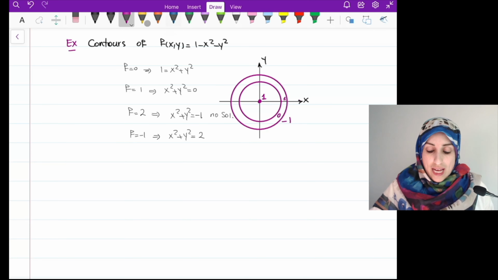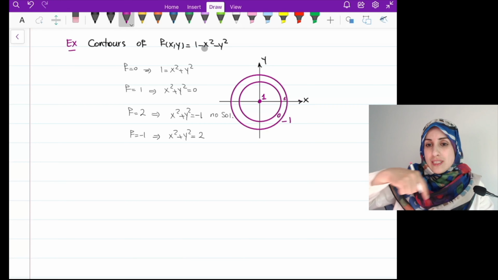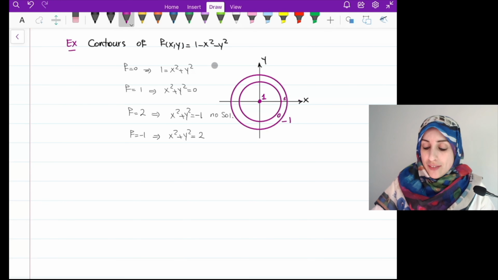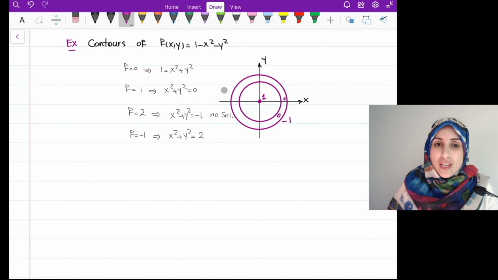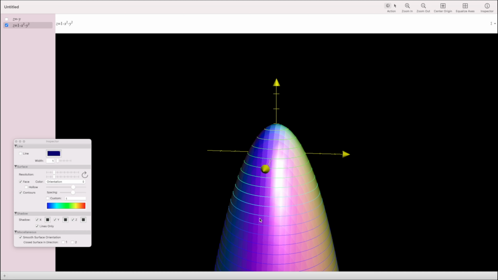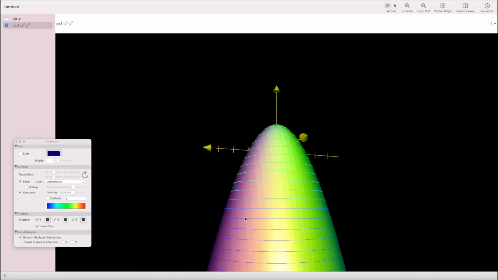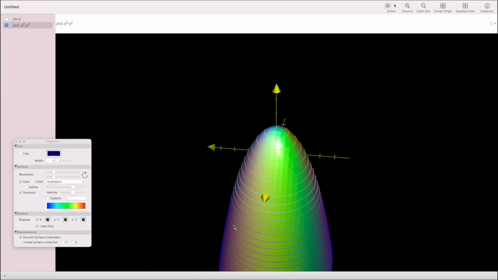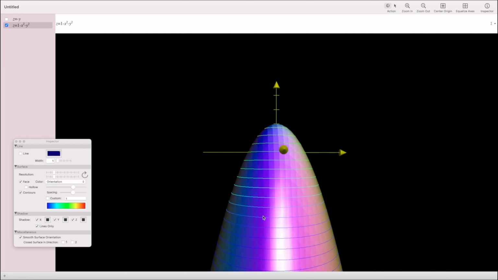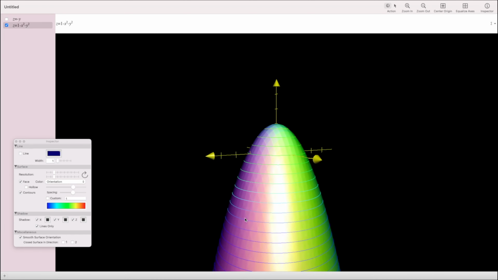Okay, so as you see, for this paraboloid I get circles, and then just assume that you're given these circles, and you just give them heights, and you get the paraboloid. These are the contours for z equals 1 minus x squared minus y squared. These are all circles of different radius, and when I project them into the xy plane, I get concentric circles.